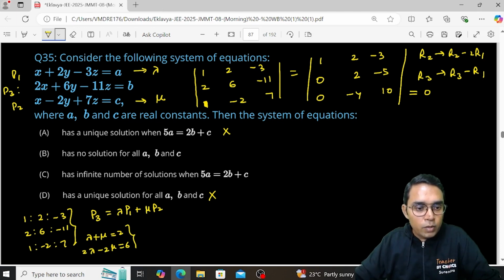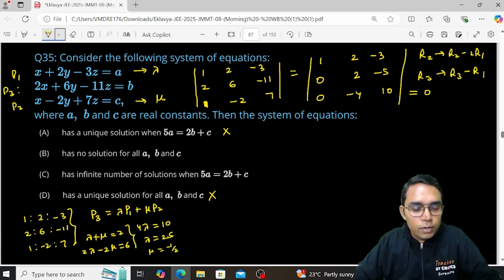Multiply this equation by 2 and add, so we get 4 lambda equal to 4 plus 6, which is 10. So lambda equals 2.5. If I put this value here, mu will be minus half.